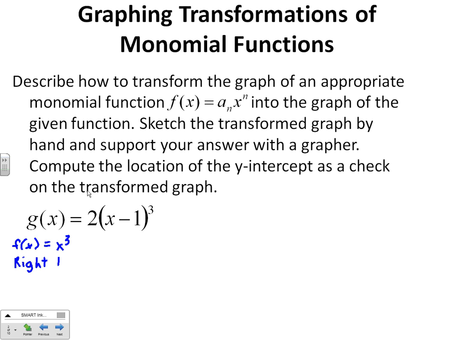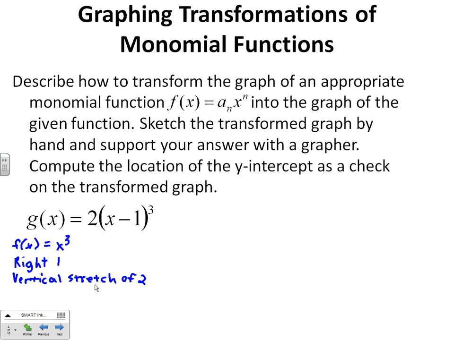And then outside of my parentheses, this 2 means that I'm vertically stretching by 2. Okay, so that is the description they're looking for: we're going right 1 and we're vertically stretching by a factor of 2 the graph of x cubed.